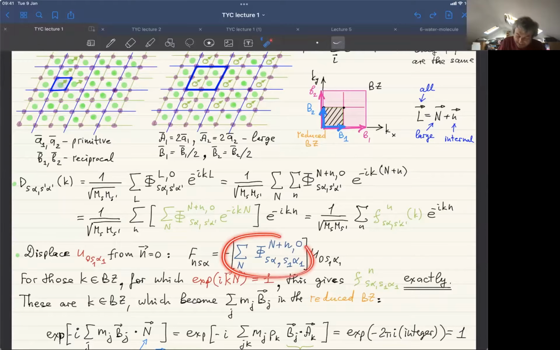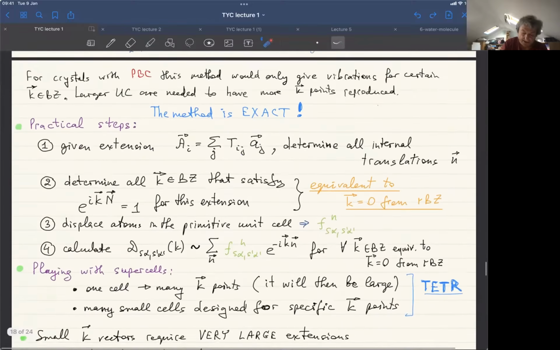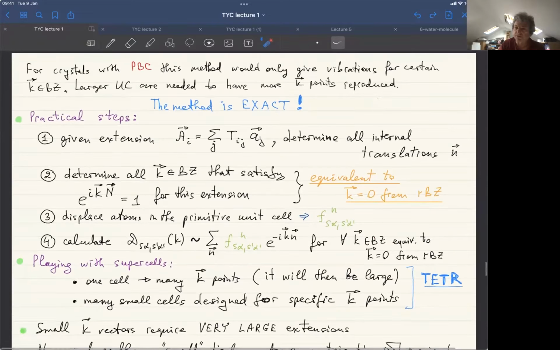But this sum is exactly what this little f is, if the k points are such that they satisfy the condition that this exponential is equal to 1. Therefore, for those k points, and only for those k points, I have access via this formula to D. All right? This is exact, no approximations whatsoever.